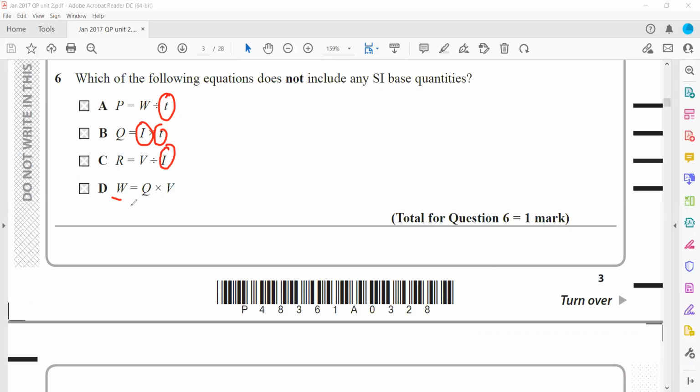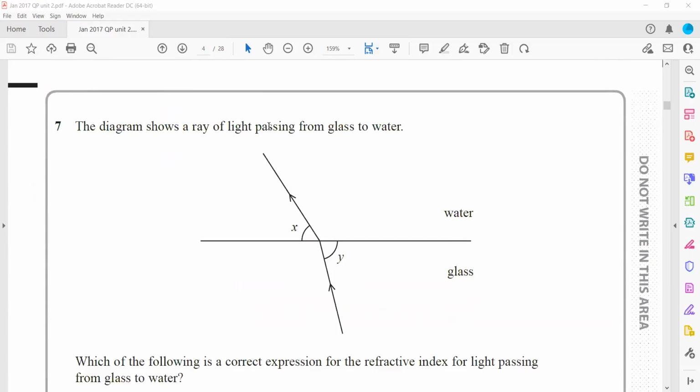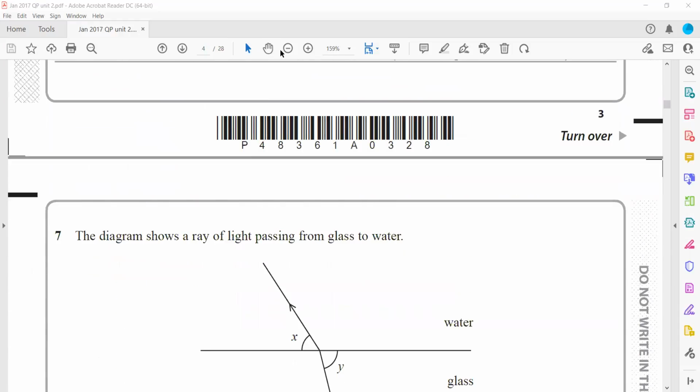Here work done or energy, charge and voltage, none of them is an SI base quantity. That's why D is the right answer. The SI base quantities, there are 7: length, mass, time, temperature, amount of substance, light intensity, and electric current as well.